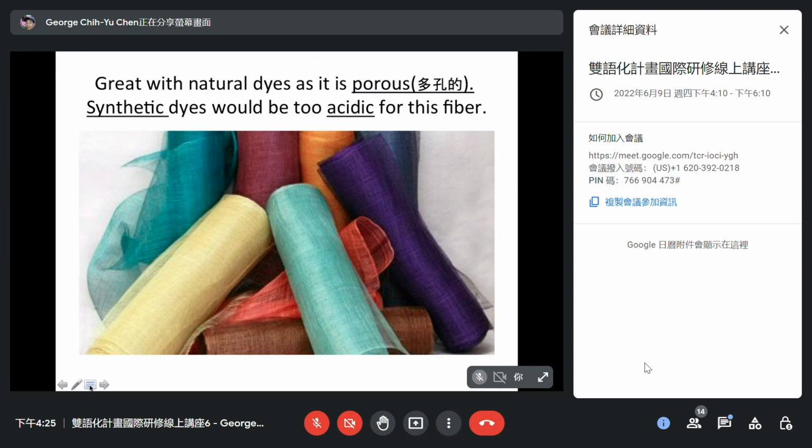However, the synthetic dyes, synthetic means 合成的. When we say synthetic, it mostly means chemical. The chemical dyes will be too acidic for this fiber. And there is a comeback of natural dye. So this is a great fiber for that purpose.